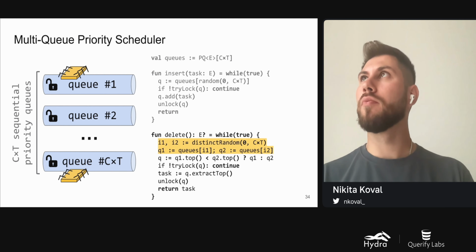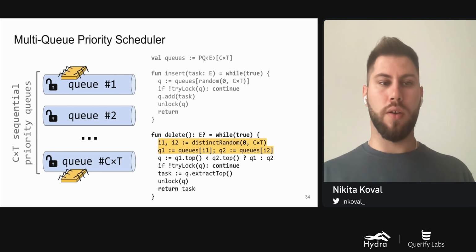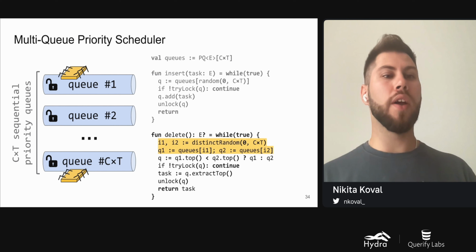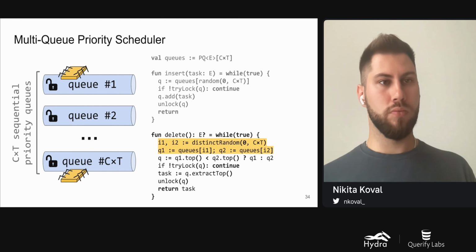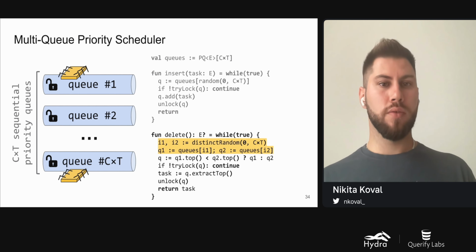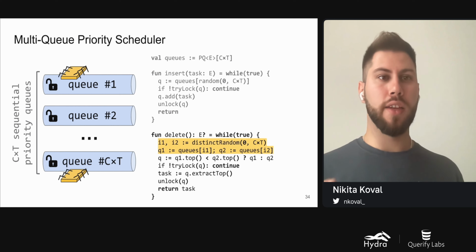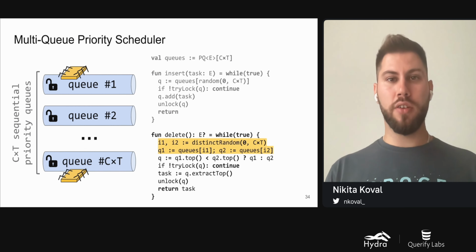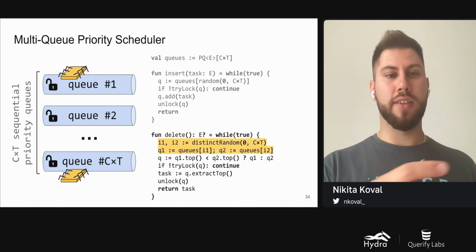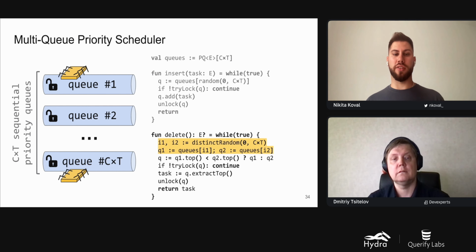So let me put it this way. Let's say we have a priority queue, and all the tasks have some priorities, and the task with the highest priority has rank 1, the task with the second priority has rank 2, and so on. Okay, that's how we define ranks on the tasks.